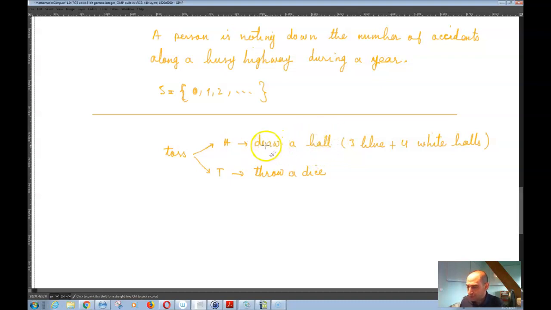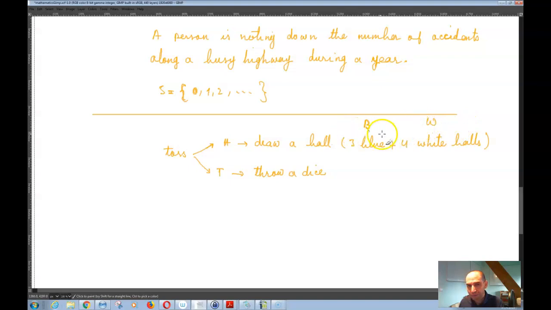So here we need to denote different things with different letters. Heads and tails you can already denote by H and T. Blue balls we denote by B1, B2, B3, and white balls by W1 through W4.